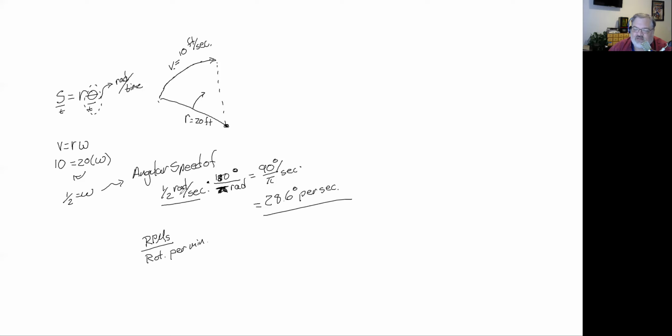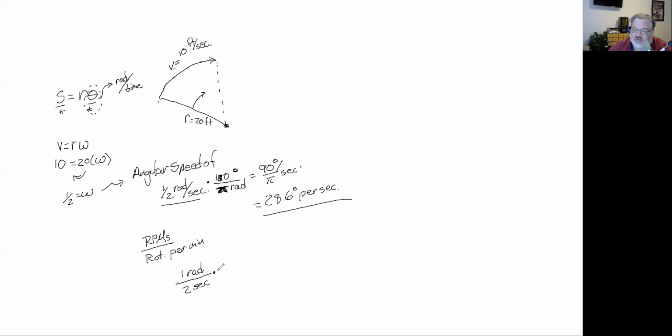So if we want to take this 1/2 radians per second, I'm actually going to write it as 1 radian every 2 seconds, just to have a nice fraction there. If I want to turn that into rotations per minute, we just have to turn radians into rotations and seconds into minutes.